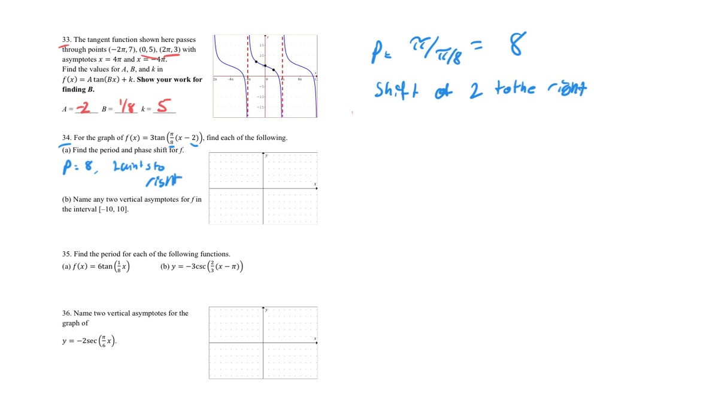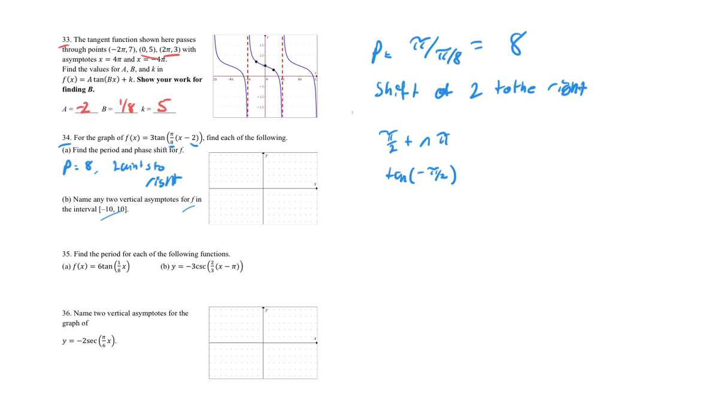Cool. Name any two vertical asymptotes for f in the interval -10 to 10. So we get a vertical asymptote when the argument equals pi halves plus n pi. One of the ways to do that is if n was -1, so we get a tan of negative pi halves.